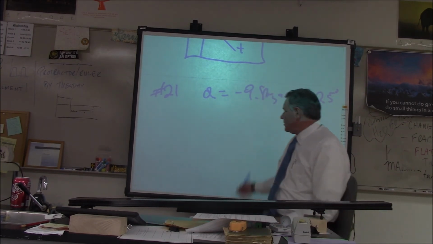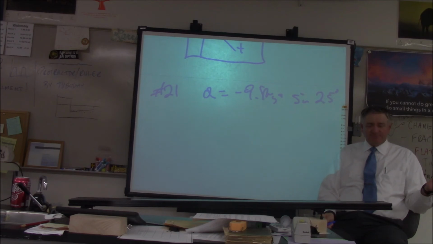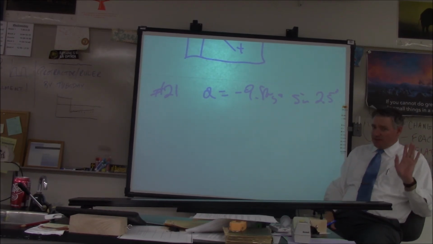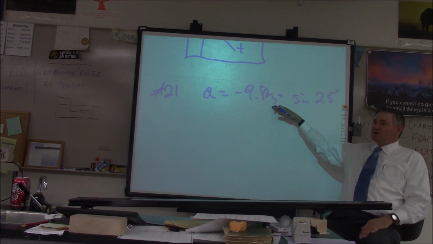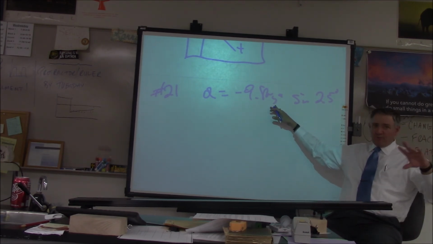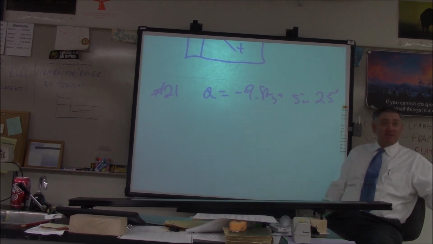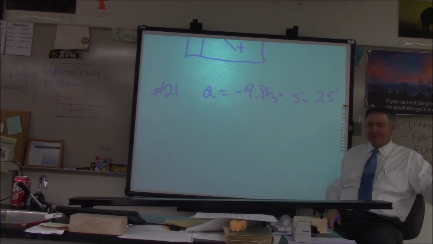What this is going to get you is a theoretical acceleration if the ramp was completely frictionless. In about 2 weeks, you'll see where this equation comes from once we get into forces and inclined planes, okay? For now, just accept it. Eventually, you'll go, oh, that's where that came from.